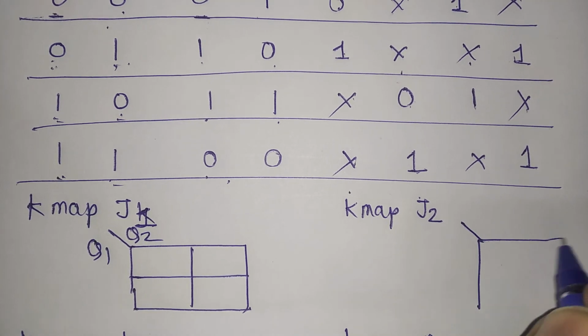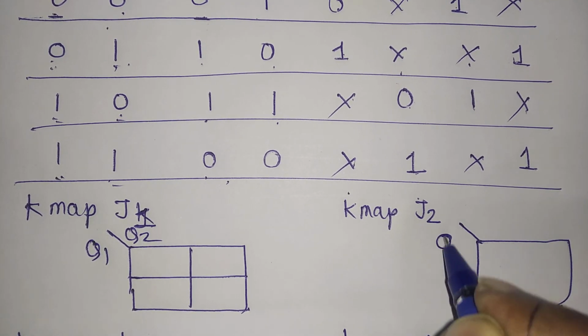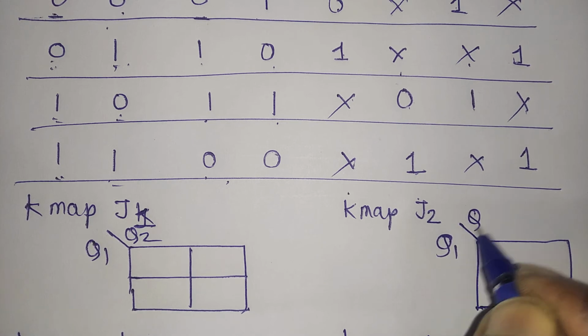Again I am using the same K-map structure because we have inputs Q1, Q2.